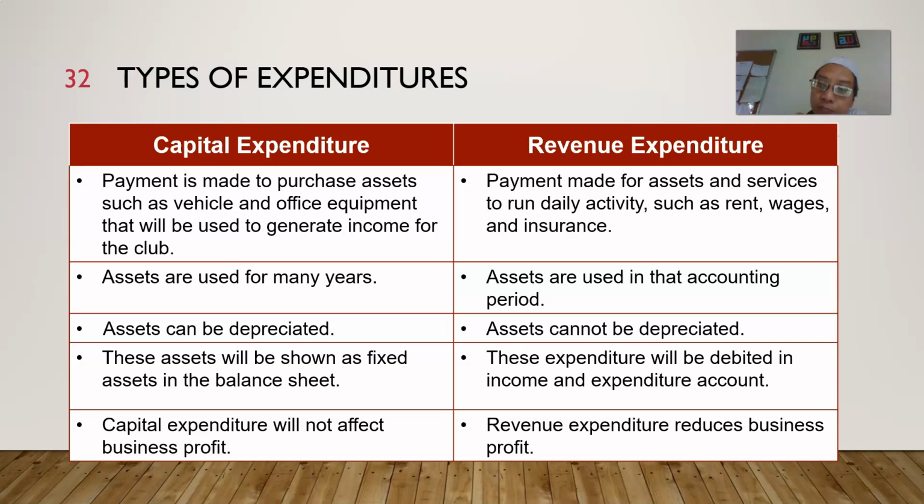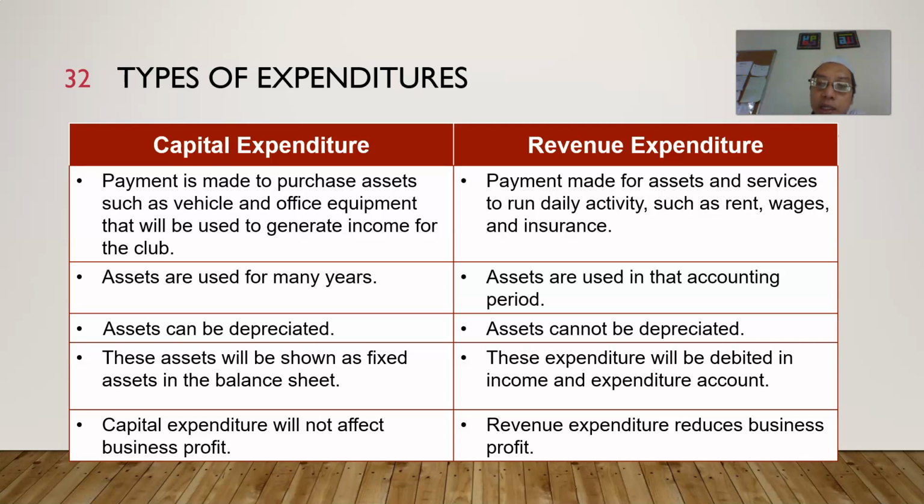What about revenue expenditure? Revenue expenditure is payments made for assets and services to run daily activities such as rent, wages, and insurance. Sometimes you purchase prepaid insurance. That is considered a revenue expenditure because it is used for running daily activities, being protected by the insurance coverage.